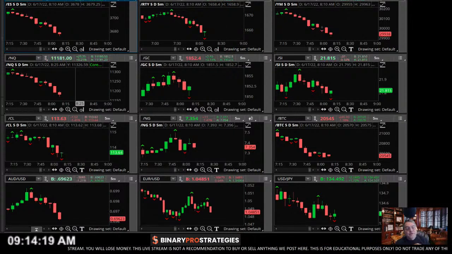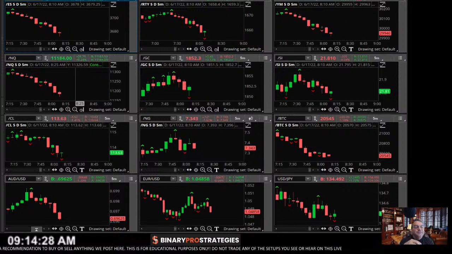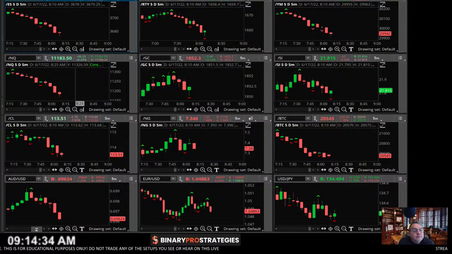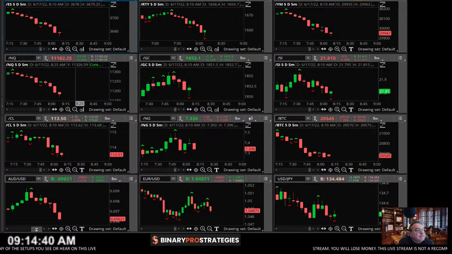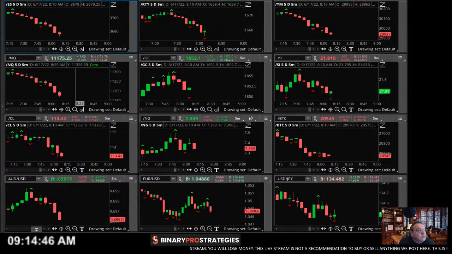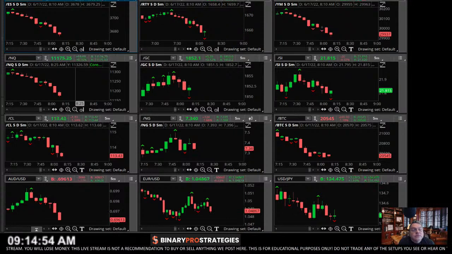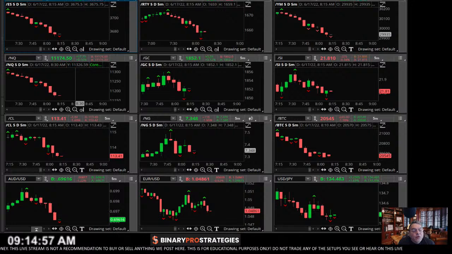Gonna wait a few more seconds here before we decide to make that short. Okay, that's going to be a 134.49 short, 134.49.